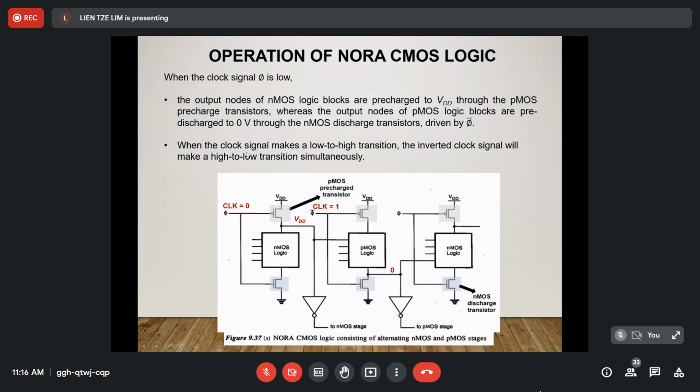When the clock signal makes a low to high transition, the inverted clock signal will make a high to low transition simultaneously.